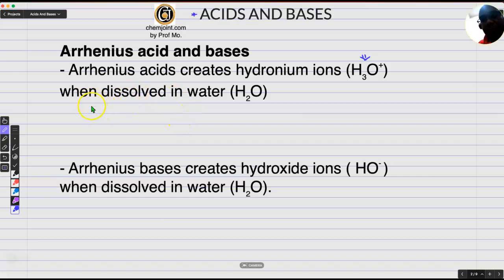Okay, so let's say that you have H2O, where the oxygen has lone pairs, and then you have an acid like HCl.